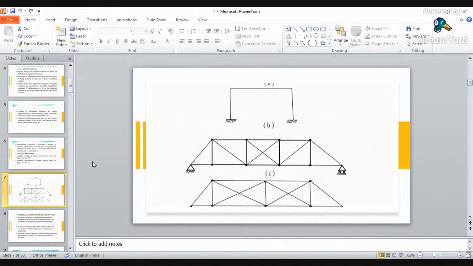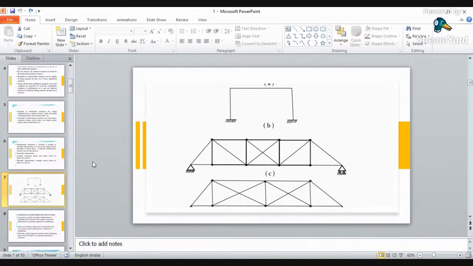There are no forces, so in this case you can find out the reactions only. And if you have to find out the forces, observe figure B and figure C.